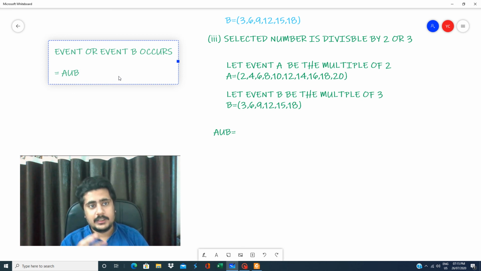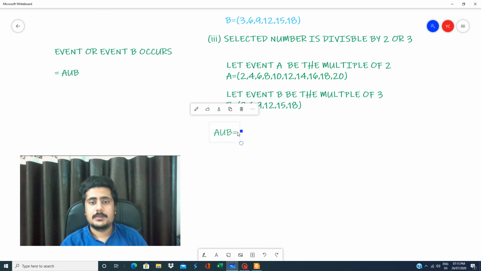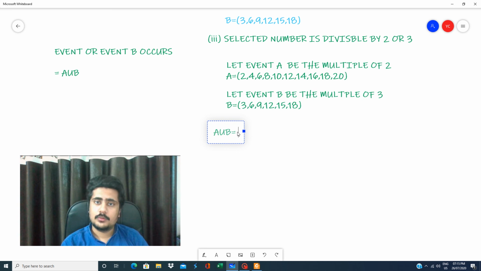So if it is asked that the selected number is divisible by 2 or 3, you have to make the union. Now union is easy. You can see event A and event B on the screen. Just mix them up.